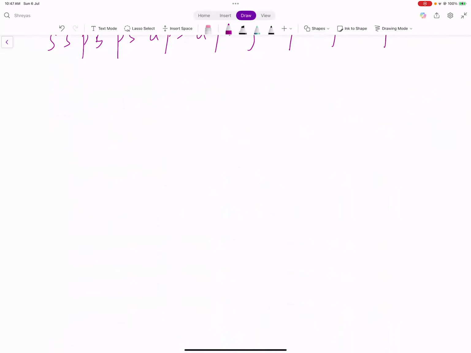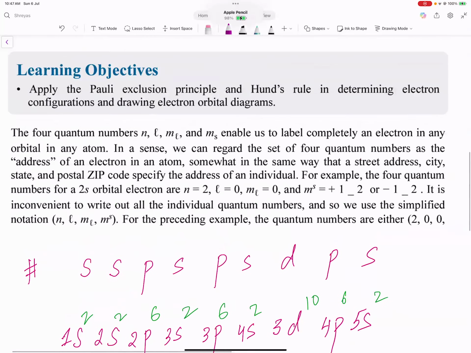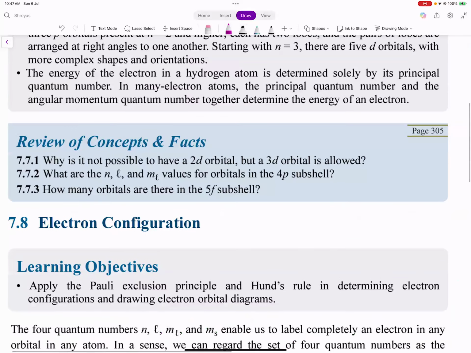The first is Pauli's exclusion principle.